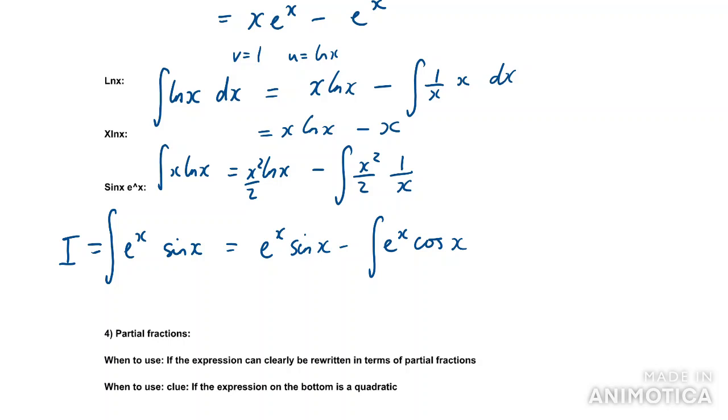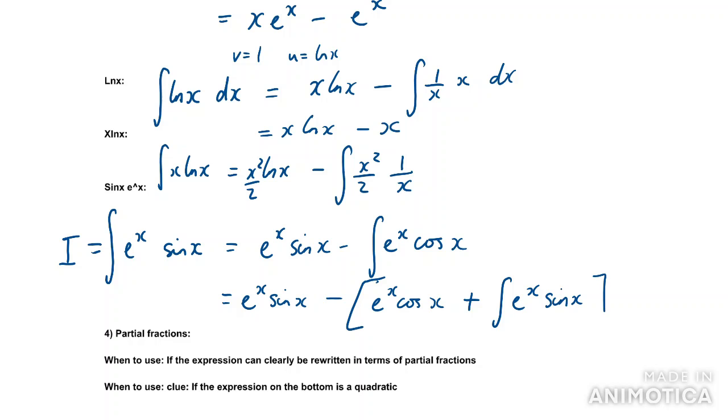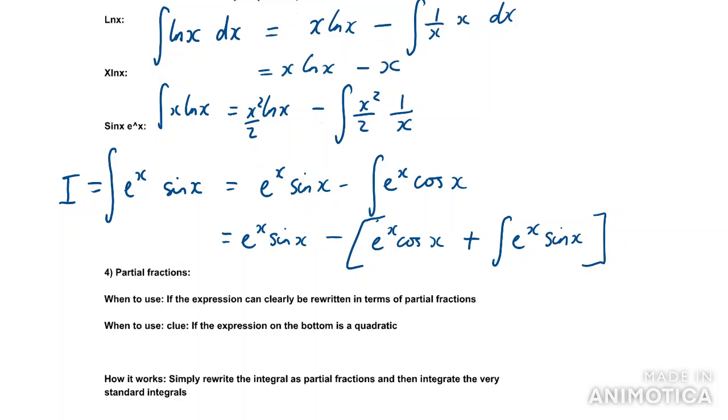And if we repeat that again, leaving this guy alone, if we apply integration by parts to this, this is going to be e to the x integrated, cos x left alone, minus the integral of e to the x integrated, cos x differentiated, so that becomes minus sine x, so this becomes plus e to the x sine x. And if you have a look at what that is, that is just the original integral we had.